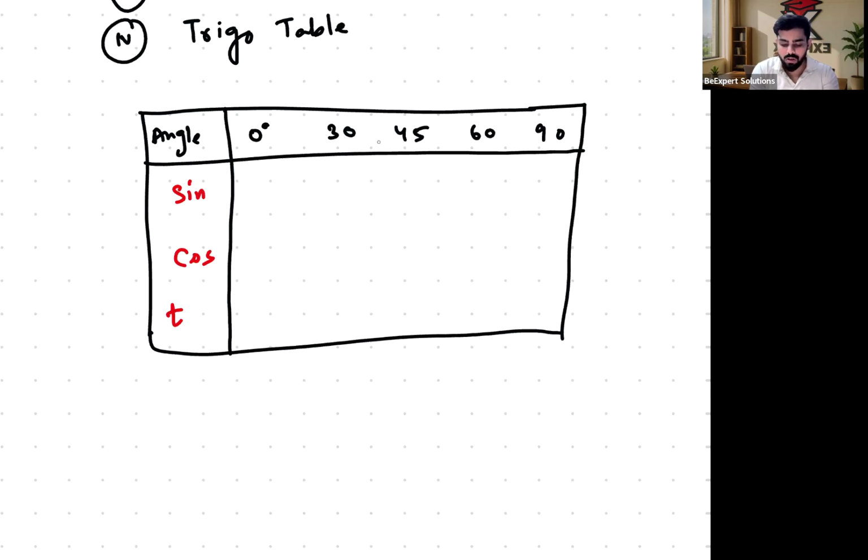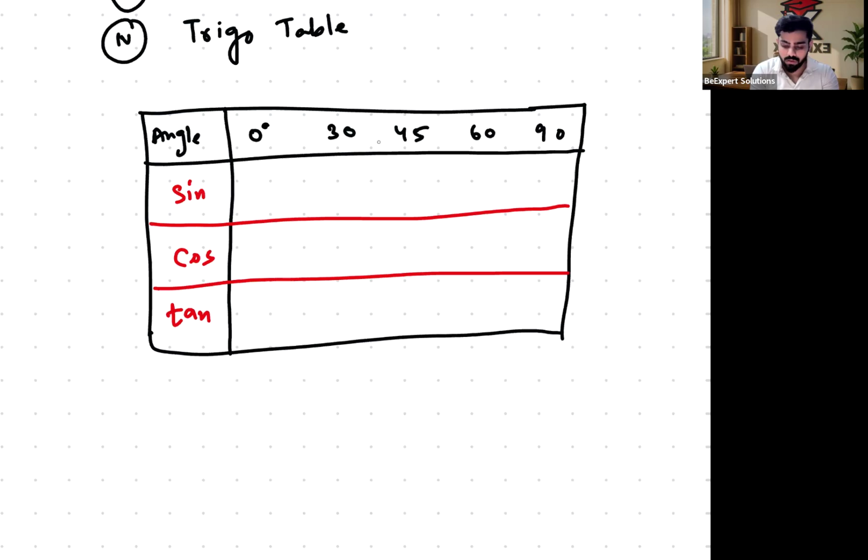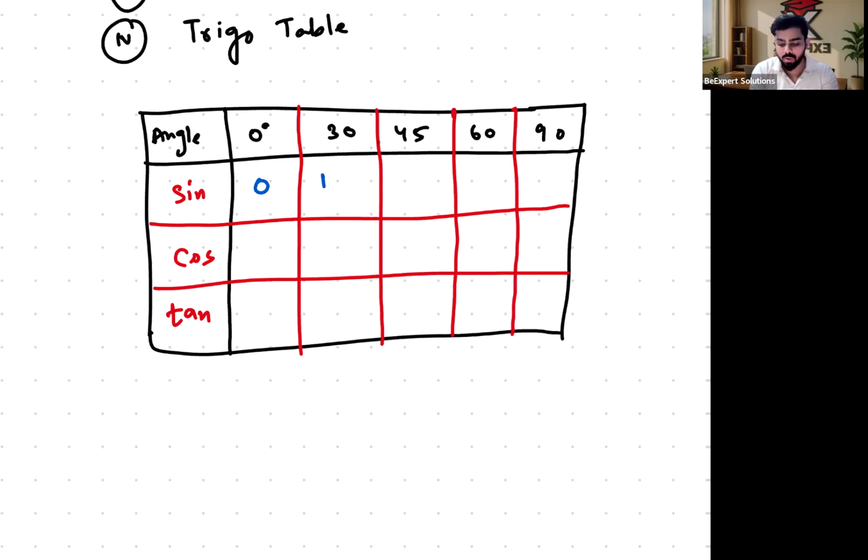So these are the values where we will be defining our specific values. For example, at 0 degree, I have sine as 0. At 30 degree, it is 1 by 2. At 45 degree, it is root 2 by 2.